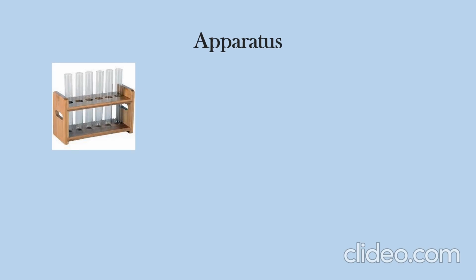Next is the apparatus. If we talk generally about the procedure for performing the bromine water test in the lab, what do we need? At the start we need test tubes. If we are going to test many samples, we need a lot of test tubes, with their racks so we can place and handle them properly.